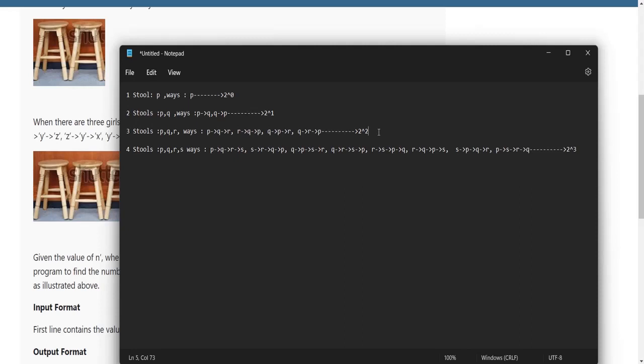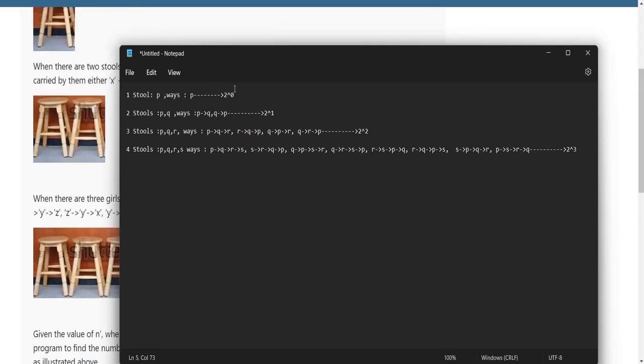If you try to pick out a particular logic and build a code over that, it's going to be hell of work. But if we follow a particular pattern, that if the number of stools is greater than 1, then the number of ways to arrange these milk pots is always a multiple of 2.